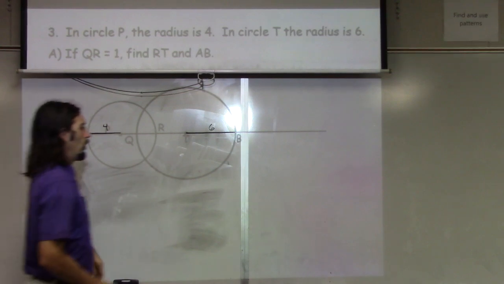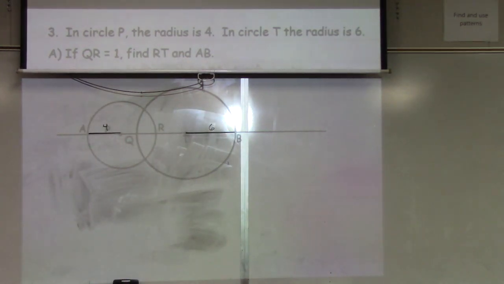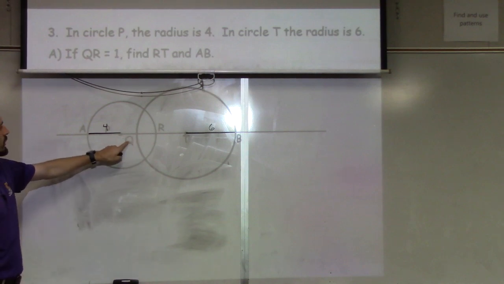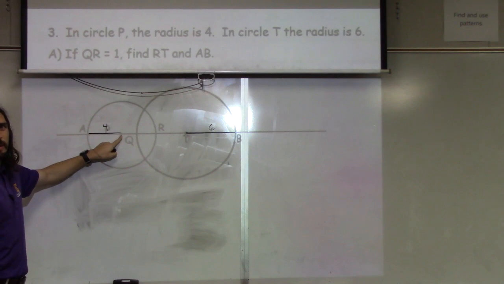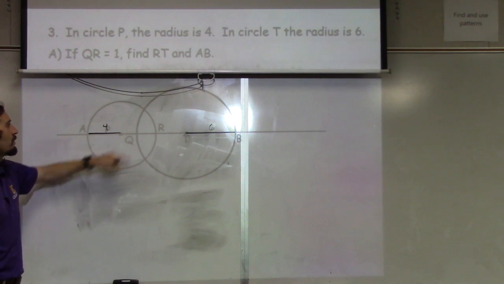QR equals 1. I'm going to grab another color for a second. Let's grab this purple one over here. And we got to be careful. Q almost looks like it should be going to this dot a little bit, but remember it was named circle P, so P has to be this point. So Q is really referring to this one over here.